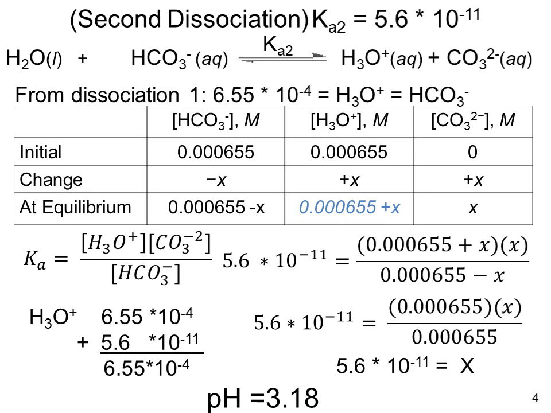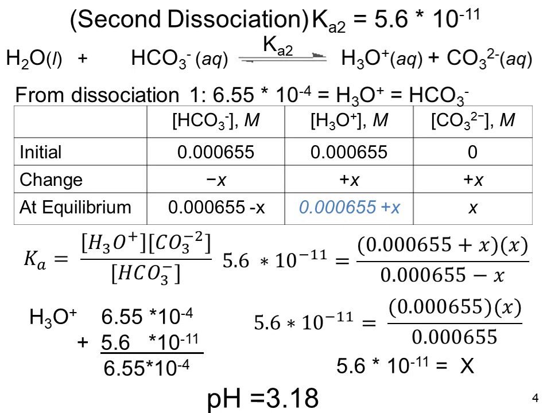And the third problem is that we already have a really, really large concentration of H3O+ in this solution. In fact, we have the same concentration of H3O+ in the solution as we do for HCO3-. So since we already have some products in solution, this reaction is not going to go very far.